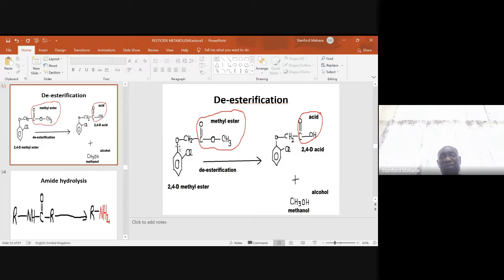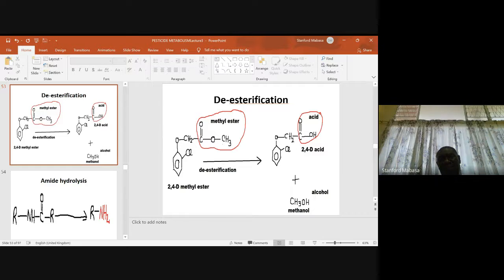If we add water to it, it will break down into an acid, 2,4-D acid, plus alcohol. And the whole process, we call it de-esterification. Remember, sometimes we deliberately form a methyl ester of 2,4-D to facilitate its entry into a plant. But once in the plant, we want it to break down via de-esterification so that the acid is released so that it can start to kill the weed.